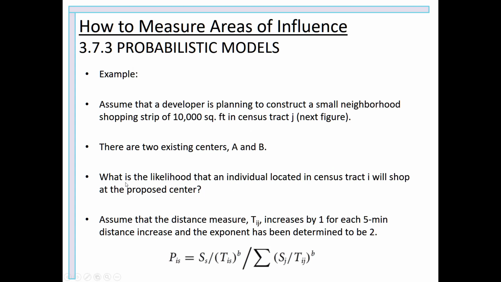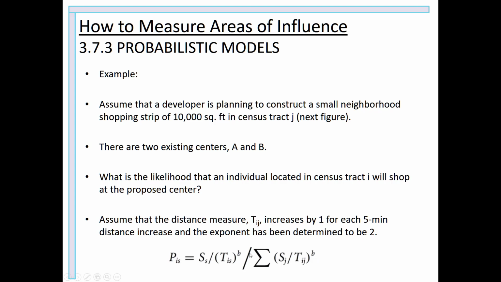And I'm going to calculate the probability, or the likelihood, that an individual located in census tract I will shop at the proposed center. Now the distance is measured in time, and it increases by 1 for each 5-minute distance increase. The exponent has been determined to be 2.